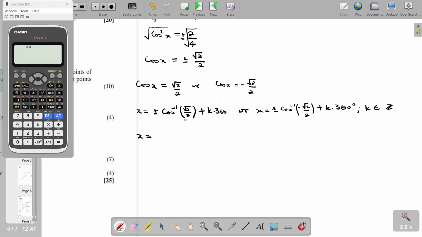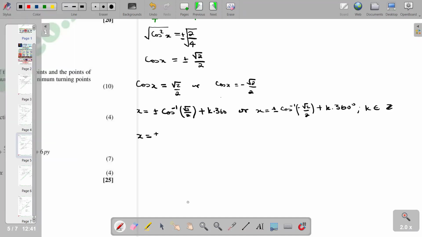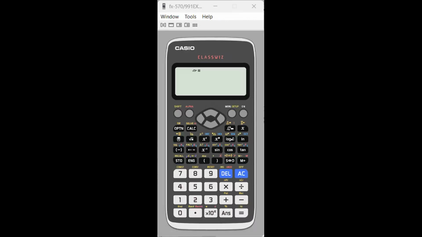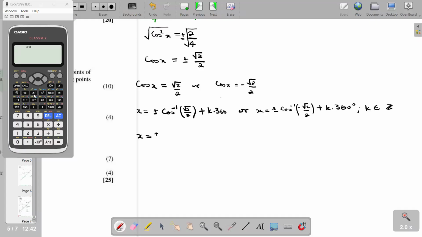Let's punch cos inverse root 2 over 2. So let's punch on our calculator.